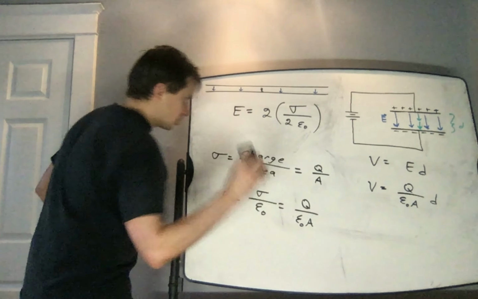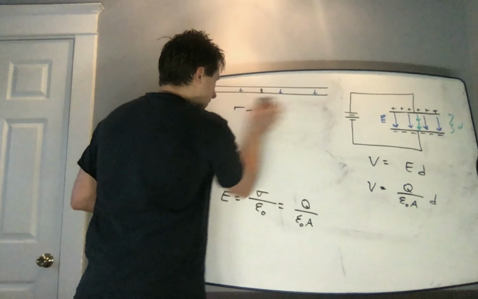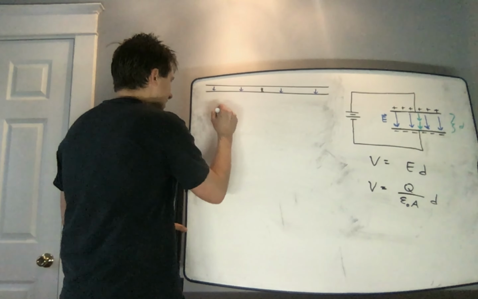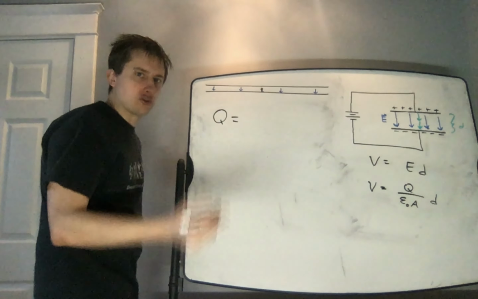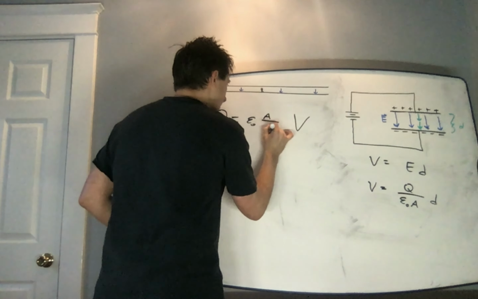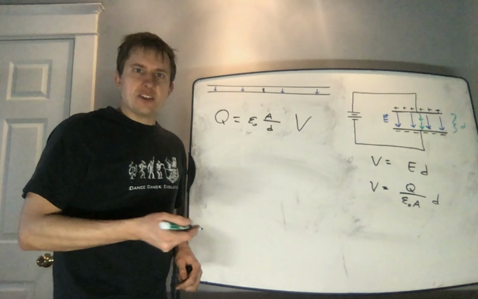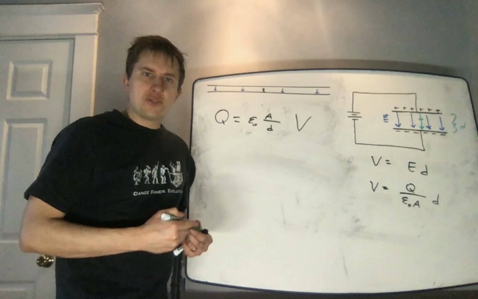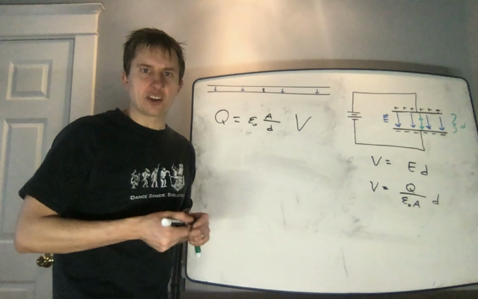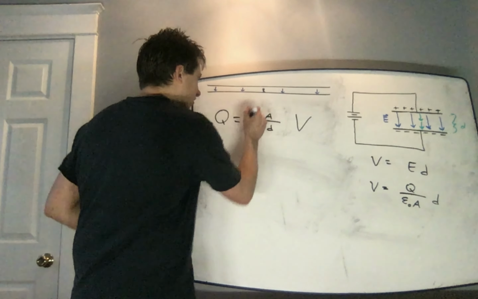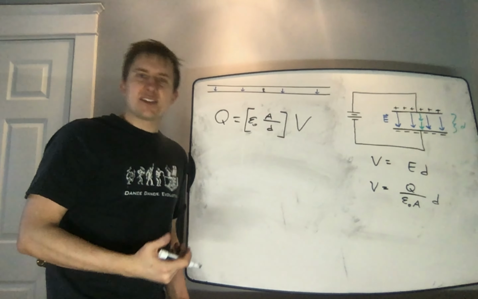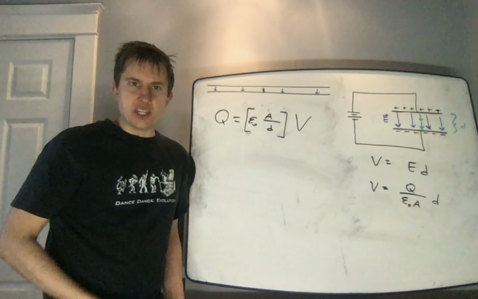I could then rearrange this equation to end up at our final result, that the charge on one of the plates is related to the voltage drop between the plates, given as epsilon naught A over D. We have demonstrated that the charge that accumulates on one of the plates of the capacitor is proportional to the voltage drop between the capacitor plates, and that constant of proportionality is epsilon naught A over D. I will assign this term, epsilon naught A over D, a new symbol.